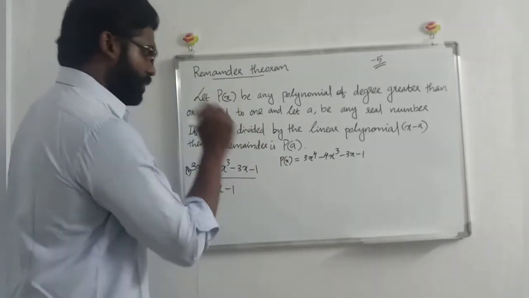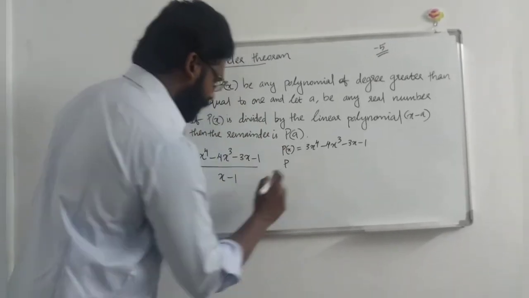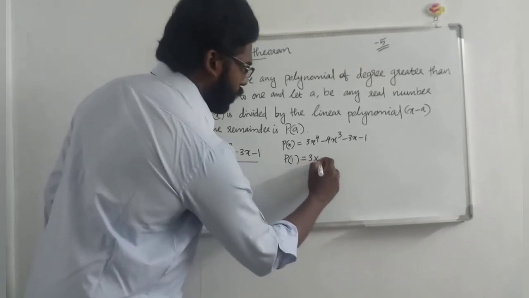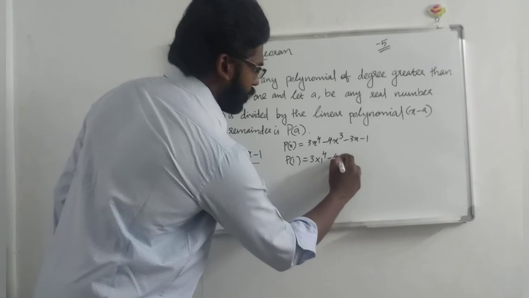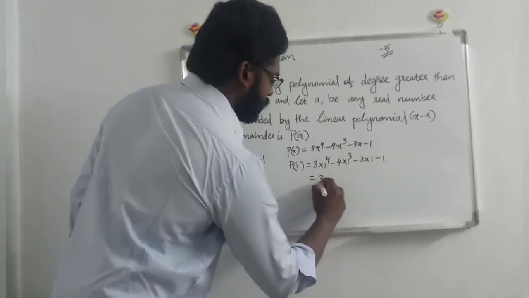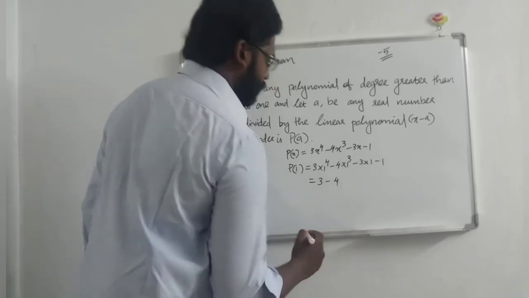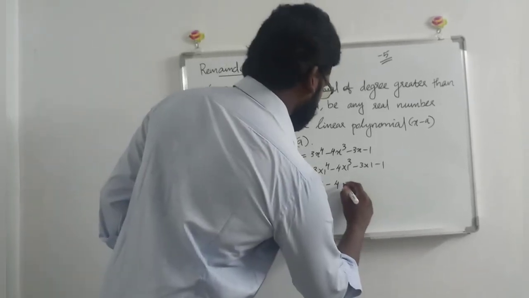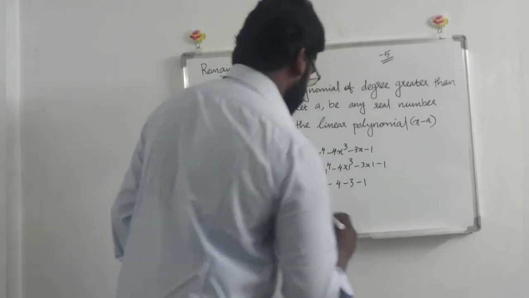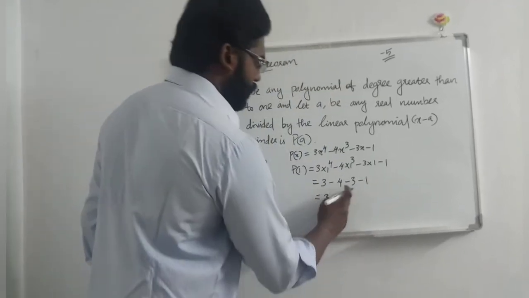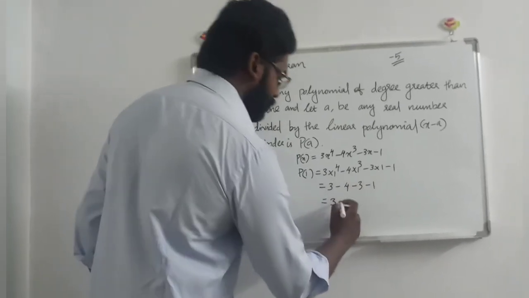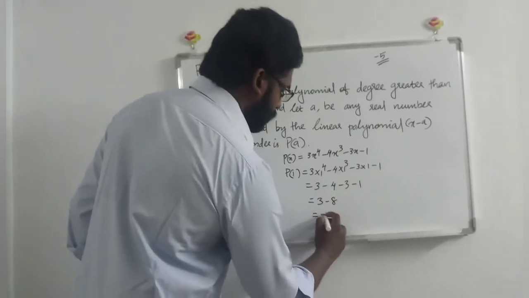So this theorem states to just put the value of a, 1, here. 3 into 1 raised to 4 minus 4 into 1 cube minus 3 into 1 minus 1. 3 minus 4 minus 3 minus 1 is minus 5.